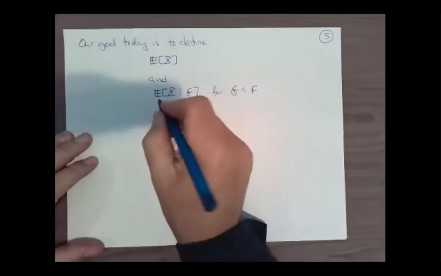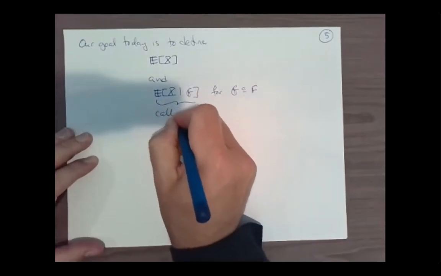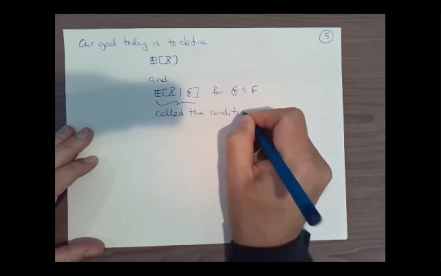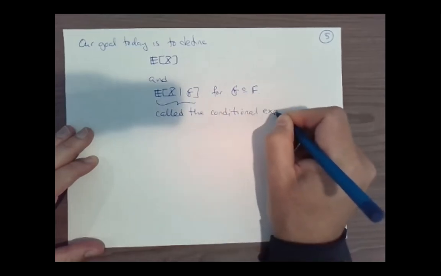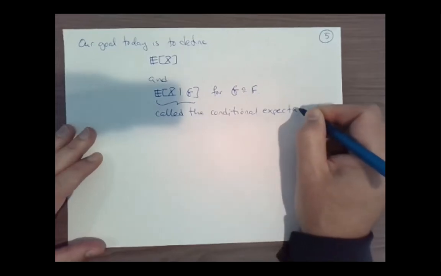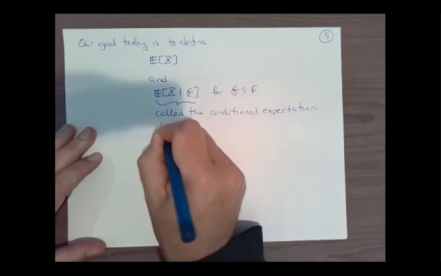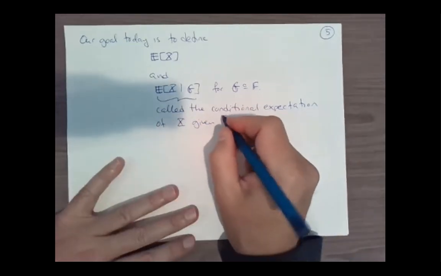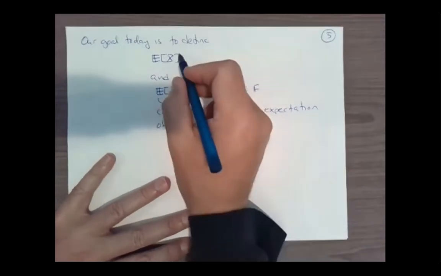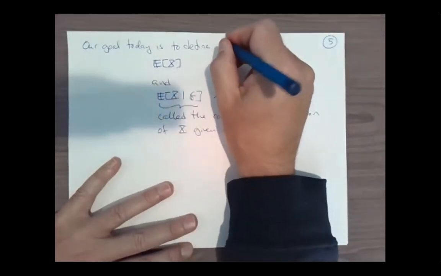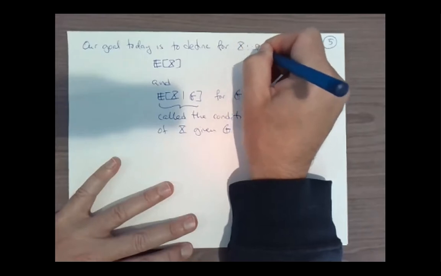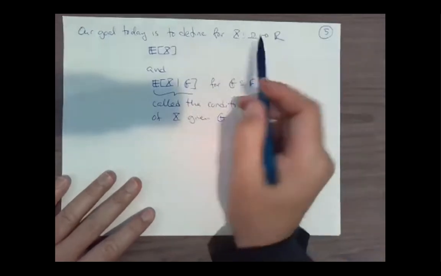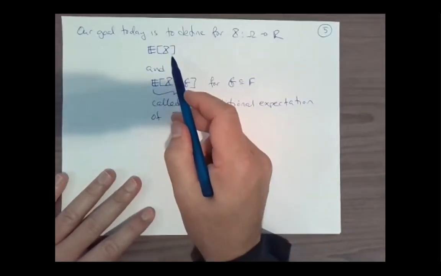So this is called the conditional expectation of X given G. Right, and we have a random variable here, defined for a random variable X going from omega to R. So I have a random variable, I want to talk about its expectation.